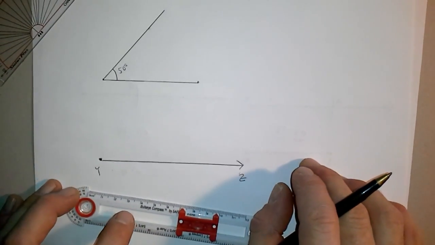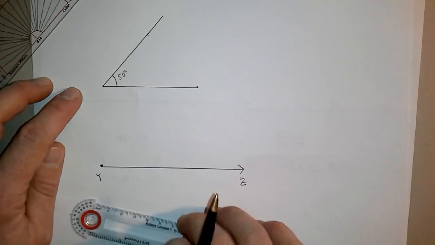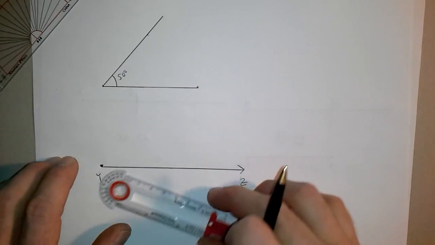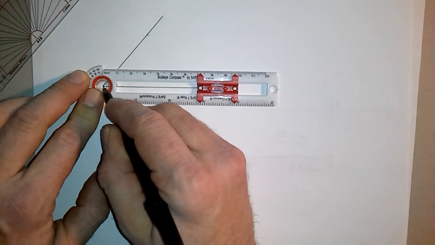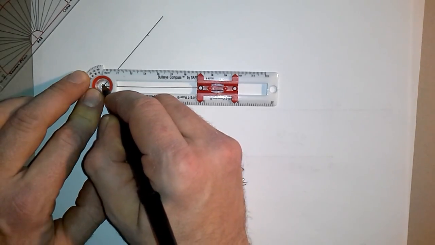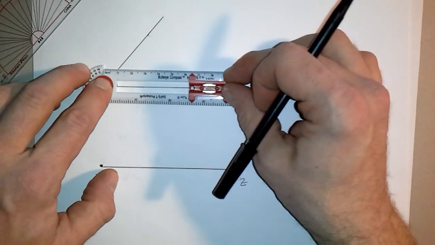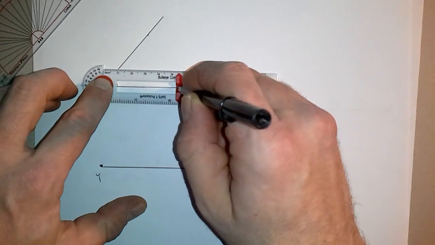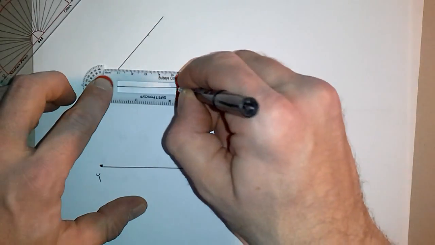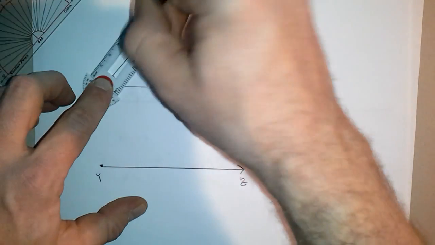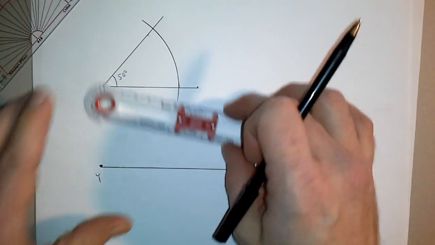Then I'm going to go back to my original angle, and I'm going to put my circle at where the angle starts, and I'm going to create an arc anywhere along where I can arc over and cross over both points here, anywhere at all. That's my first step.